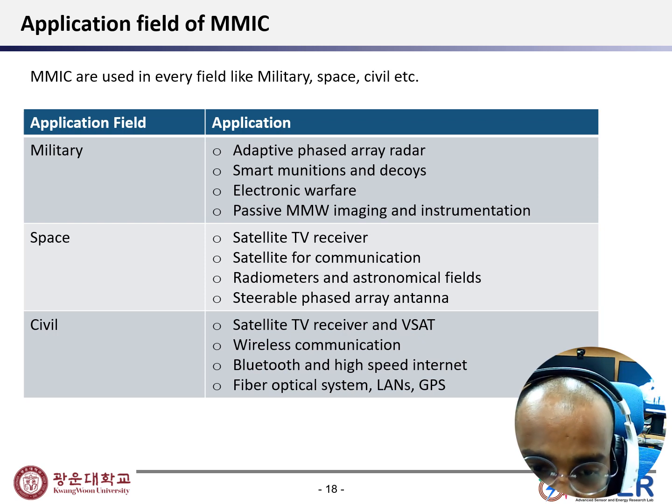In space, we can use it for satellite TV receivers, satellite communication, and also as a radiometer and in the astronomical field. In civil use, the applications of MMIC are satellite TV receivers, wireless communication, Bluetooth, and high-speed internet.